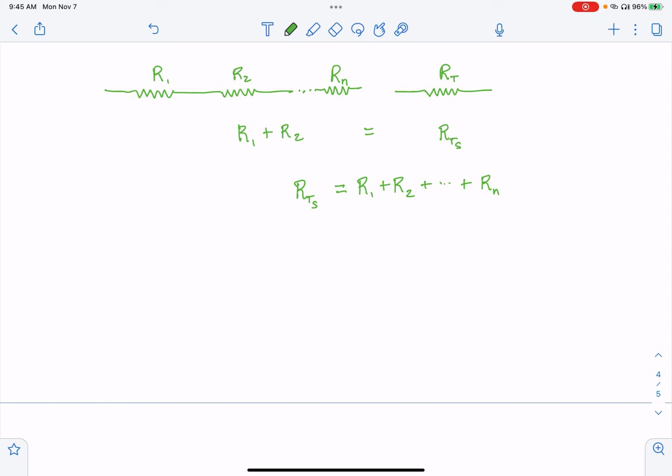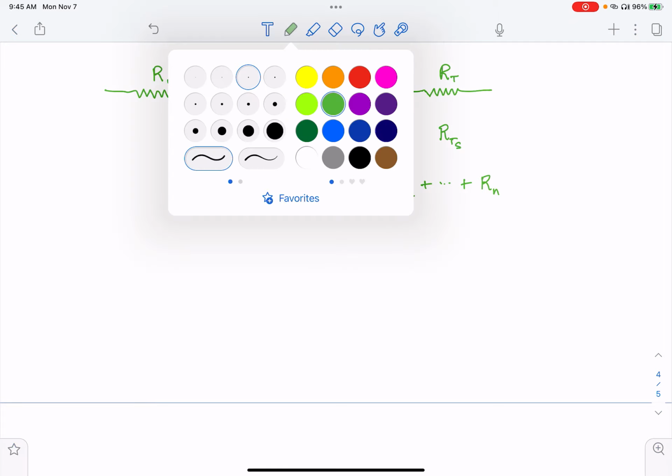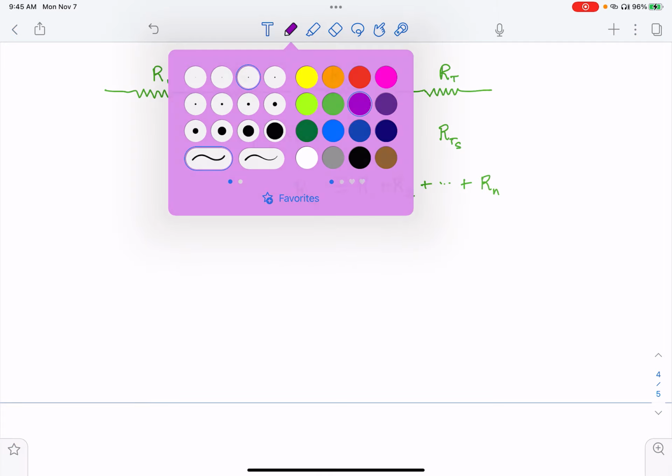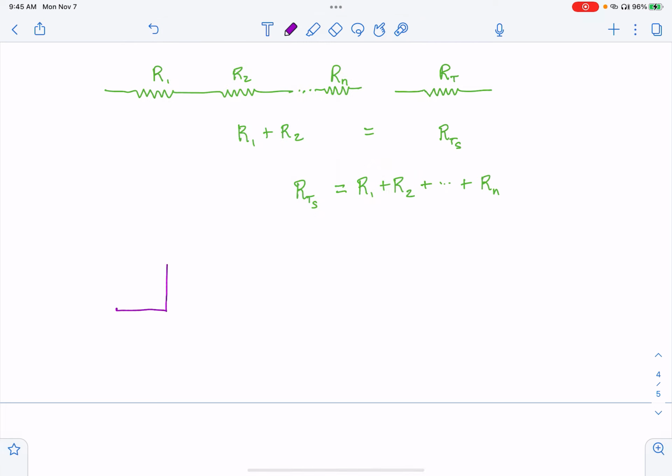So now I am going to do this. If I have resistors in parallel, and I call this R3 and I call this R4.